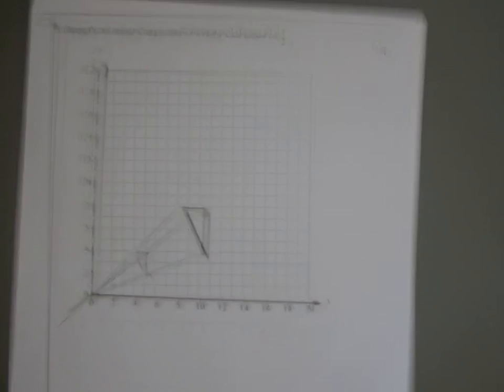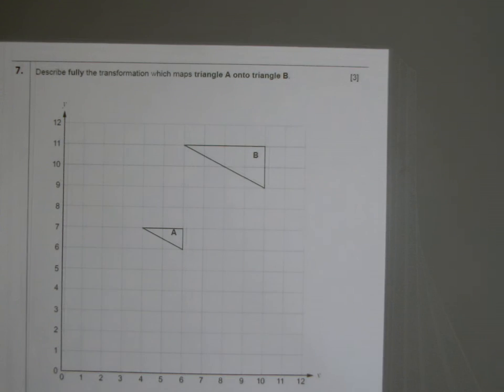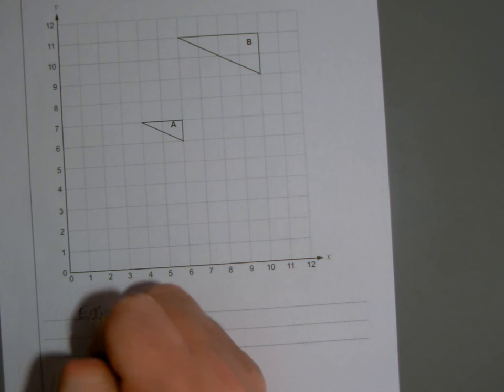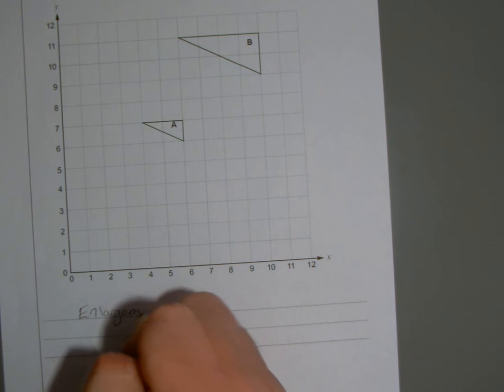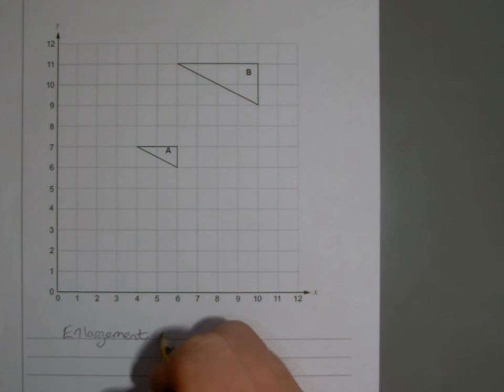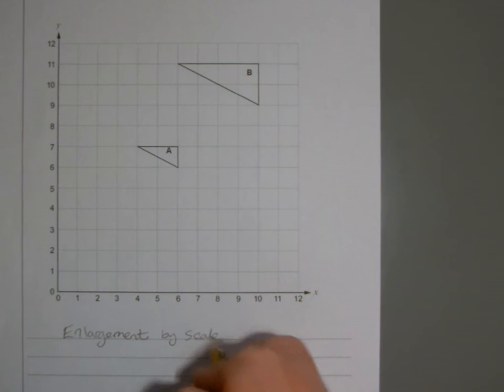Okay, that's going to help us with the next one, because it says here, describe fully the transformation which maps triangle A onto triangle B. Now I want you to notice from A to B, it's been enlarged, hasn't it? It's got bigger, so it's an enlargement. Now the scale factor you need to put as well.